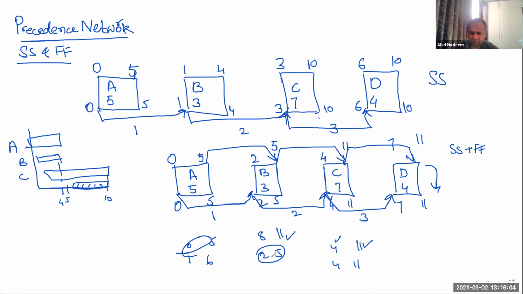Similarly, we did the same here with 0, 5 and 1, 6, so we take 0, 5, the lower of the values. In the forward pass, you take the higher of the values; in the backward pass, you take the lower of the two values.